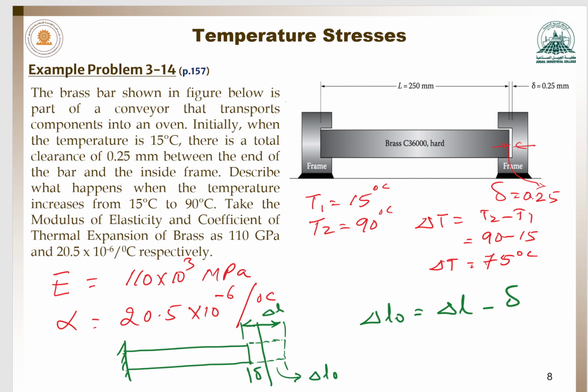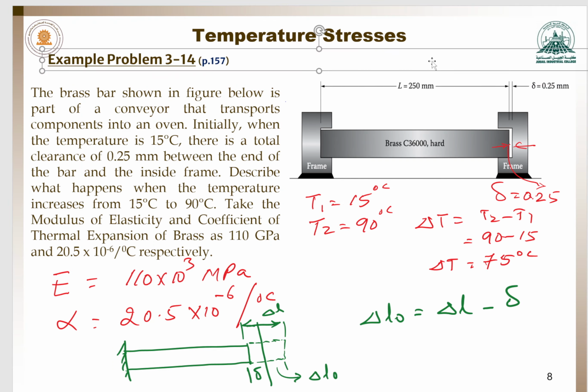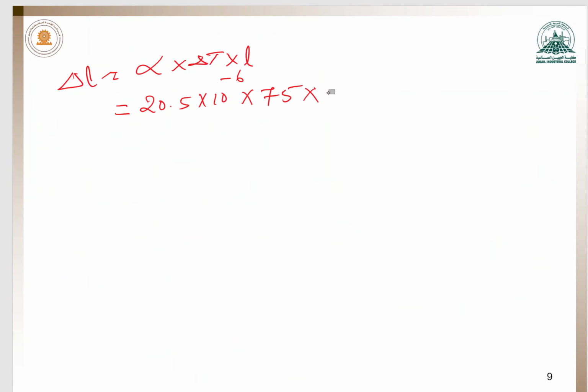He gives me the value of alpha as 20.5 into 10 to the power of minus 6, multiplied by delta T, which is 75, multiplied by L. Let me go back and check. The value of L is 250 millimeter, is it not?